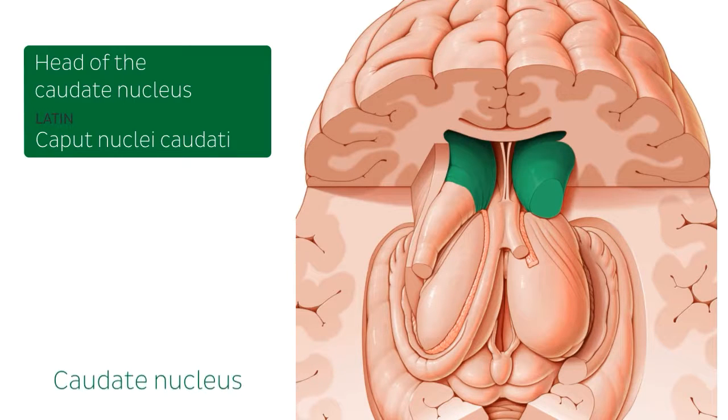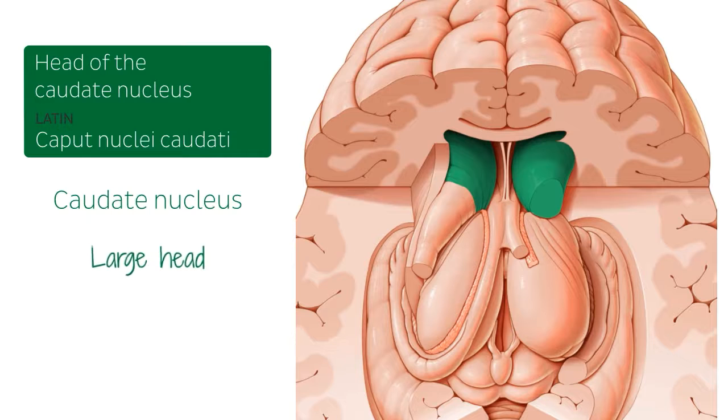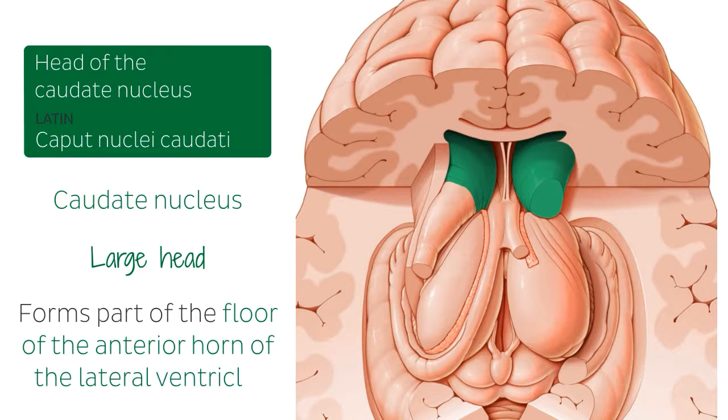The caudate nucleus is comprised of a large head that gradually decreases and forms the body, which finally becomes a thin, long, curved structure, which is the tail of the caudate nucleus. In this illustration here, we can only see the first portion, the head of the caudate nucleus, which, as you can see, forms part of the floor of the anterior horn of the lateral ventricle.